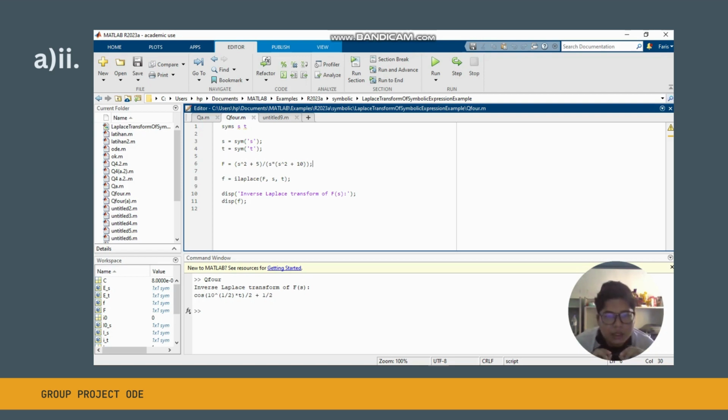And lastly, we get the answer for the inverse Laplace transform, which is cos of the square root of 10 t over 2 plus 1 over 2.